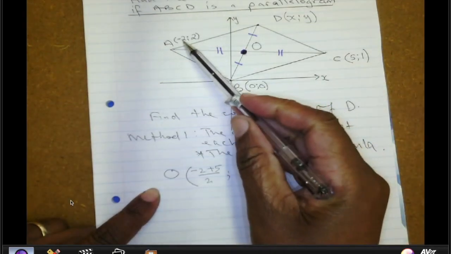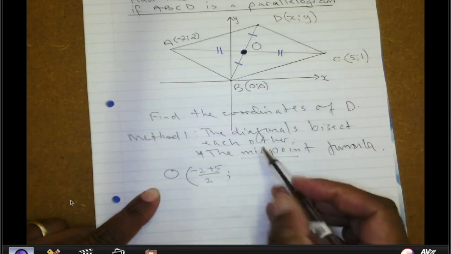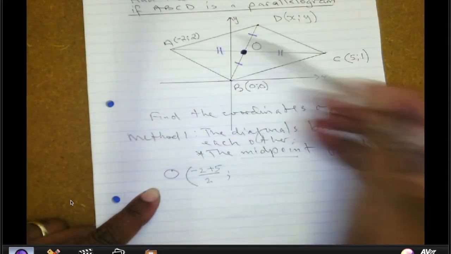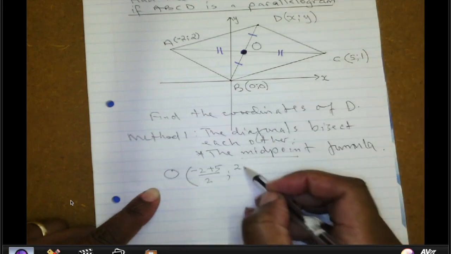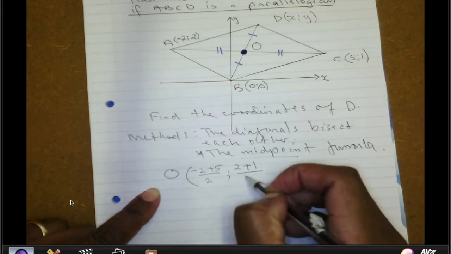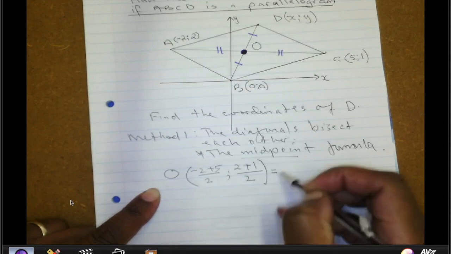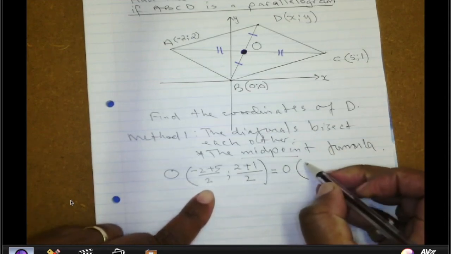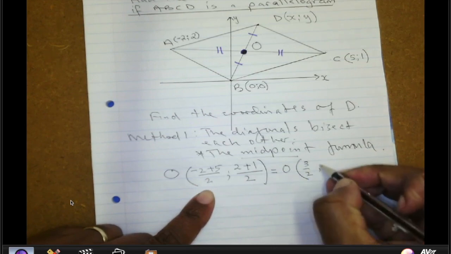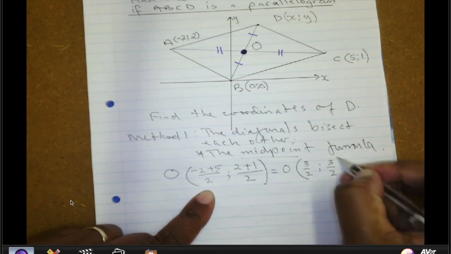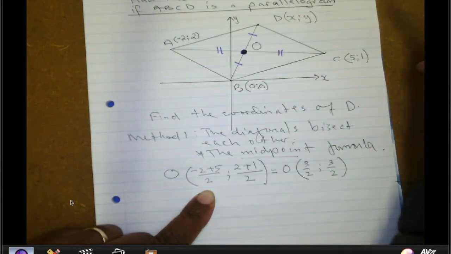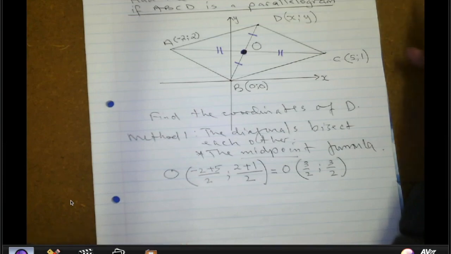So I'm adding negative 2 plus 5. And to get the y coordinate, I need to add the 2 to the 1. So that is 2 plus 1 divided by 2. Right, so this will give us the coordinates of O as 3 over 2, 3 over 2. All right, so we now know that that point is 3 over 2, 3 over 2.